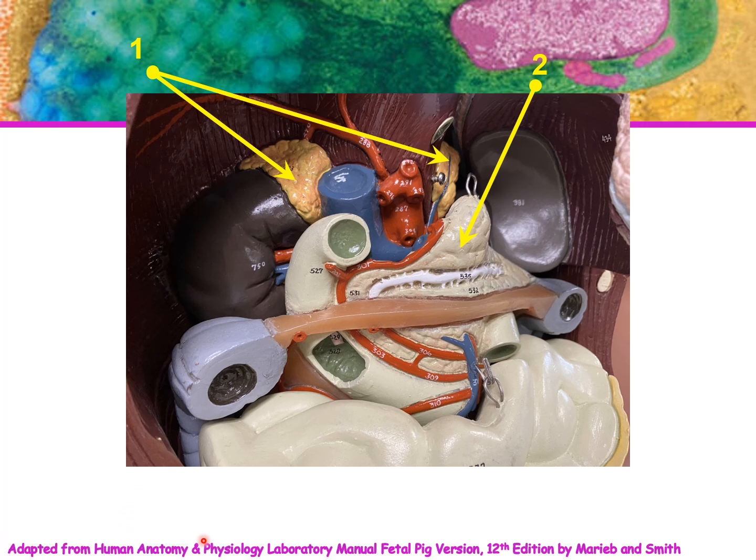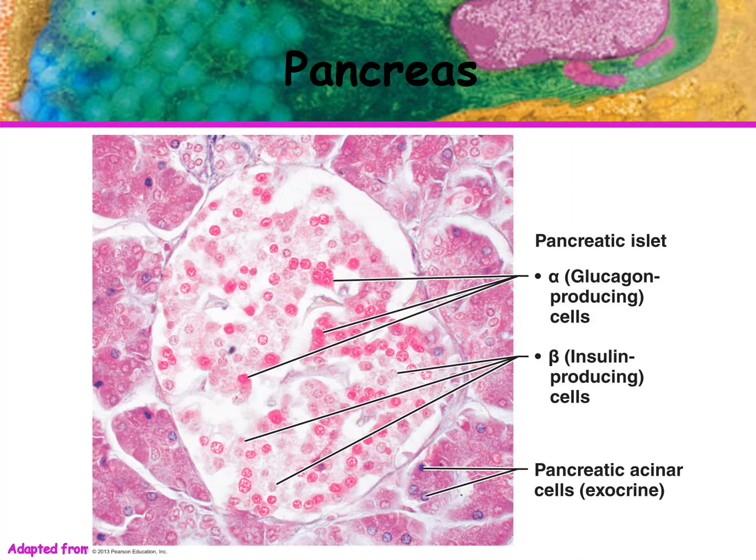And here again, we can see the pancreas as it lies in the abdominal cavity. On this model, the stomach has been removed, but we can see that it is closely related to our small intestine.